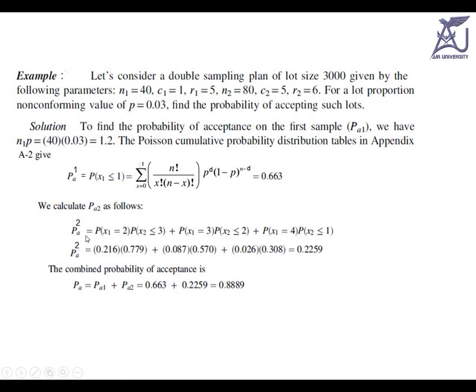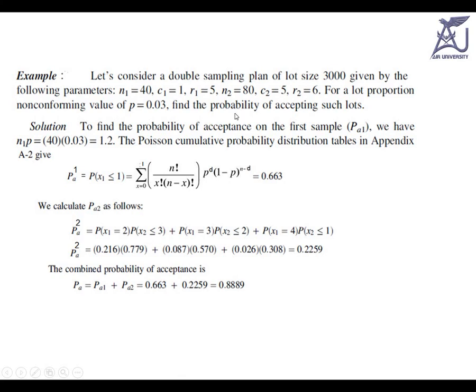Now how can we calculate PA2? This is a very tricky concept. In fact, this depends upon the combination. Because your C2 is 5 and C1 is equal to 1, but if in the first sample you find the number of defectives D1 observed to be more than C1, that is 2, if the defectives found equal 2 in the first sample, then in the second sample it should be how much?